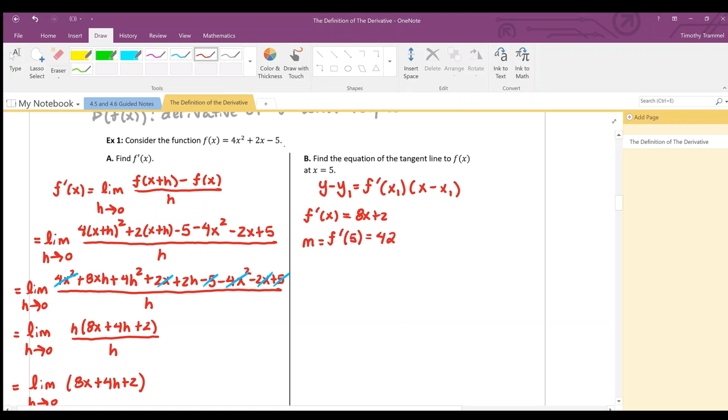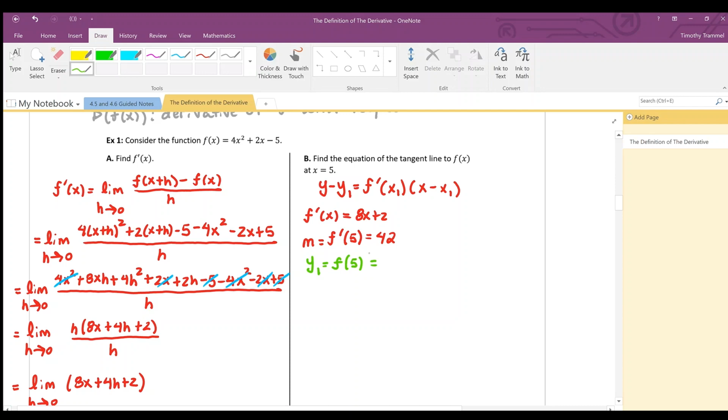The next thing that we need to find is this y1. We need to know the y value that corresponds to x equals 5. So let's write that in here. y1 equals f of 5.